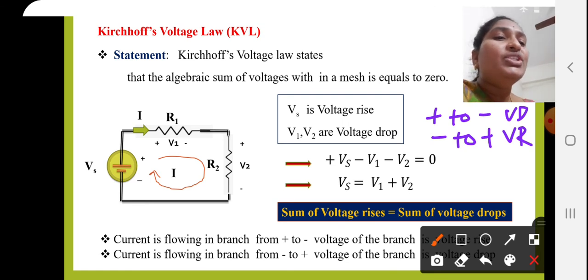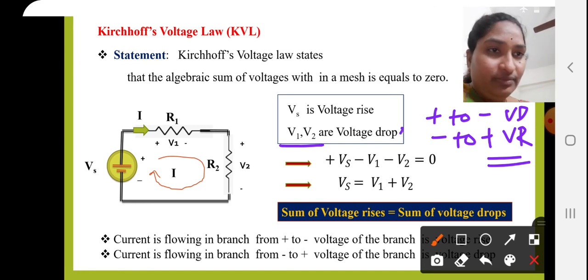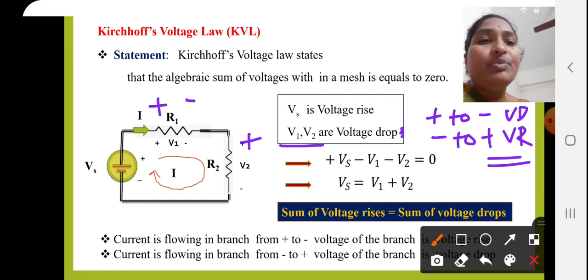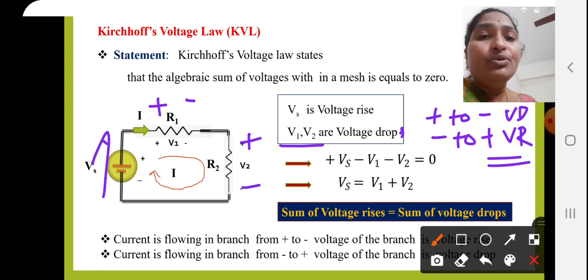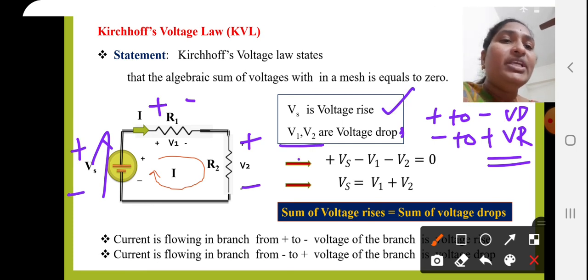That is, a voltage drop is from higher potential to lower potential, and a voltage rise is from lower potential to higher potential. Here both V1 and V2 are voltage drops because in V1 and V2 current is flowing from positive to negative. But in the case of a voltage rise, current is flowing from negative to positive. So Vs is a voltage rise, and V1, V2 are voltage drops.